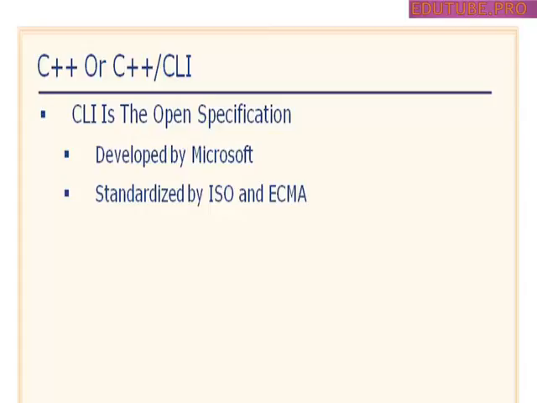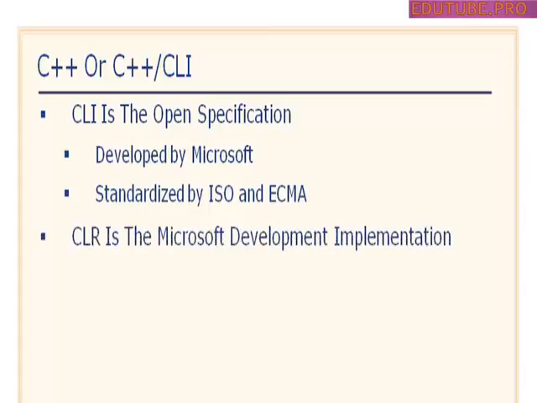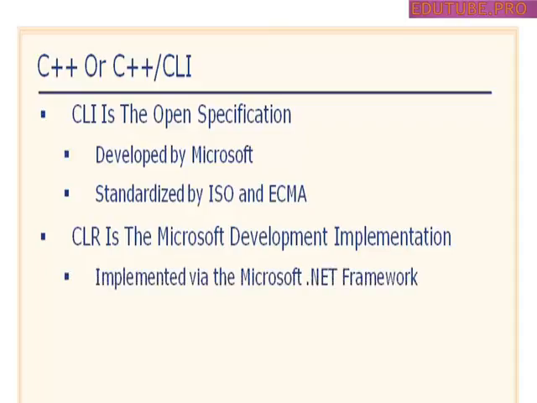You may recognize ECMA if you've ever heard of ECMAScript, which we all call JavaScript. ECMA designs and applies those standards for that language as well. Now, the CLR is the Microsoft implementation of the CLI. And the way it's implemented in the Microsoft-shaped world is through the Microsoft .NET framework.